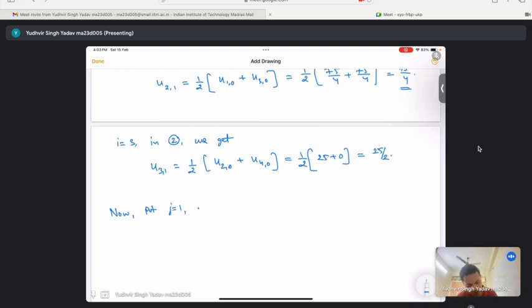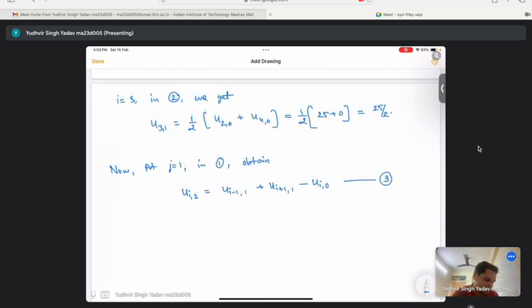Now we put j equals 1 in equation number 1, and we obtain u(i,2) equals u(i-1,1) plus u(i+1,1) minus u(i,0). Let us denote this as equation number 3.